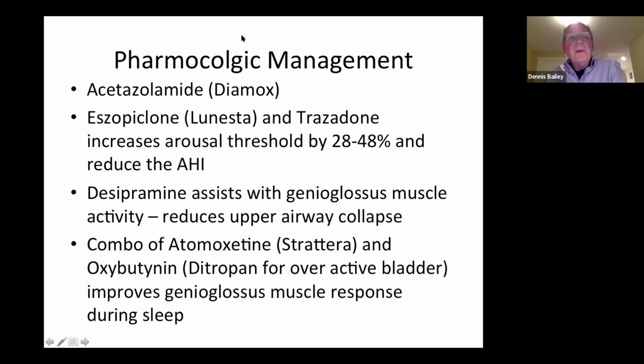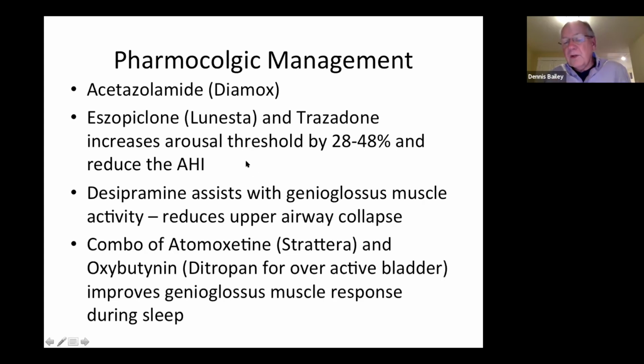The pharmacologic management of sleep apnea, which is looking at different phenotypes and endotypes, is trying different medications. I'm not going to go into these. I put this slide in here mainly for interest because it does come into play as a way of trying to improve genioglossus activity to reduce sleep apnea. That's the major thrust of what these medications, I mentioned acetaminophen before, are intended to do.